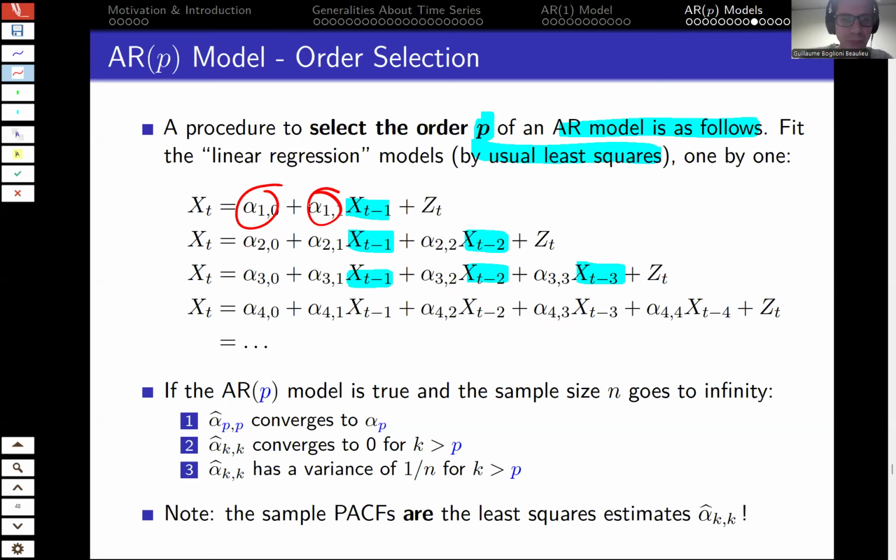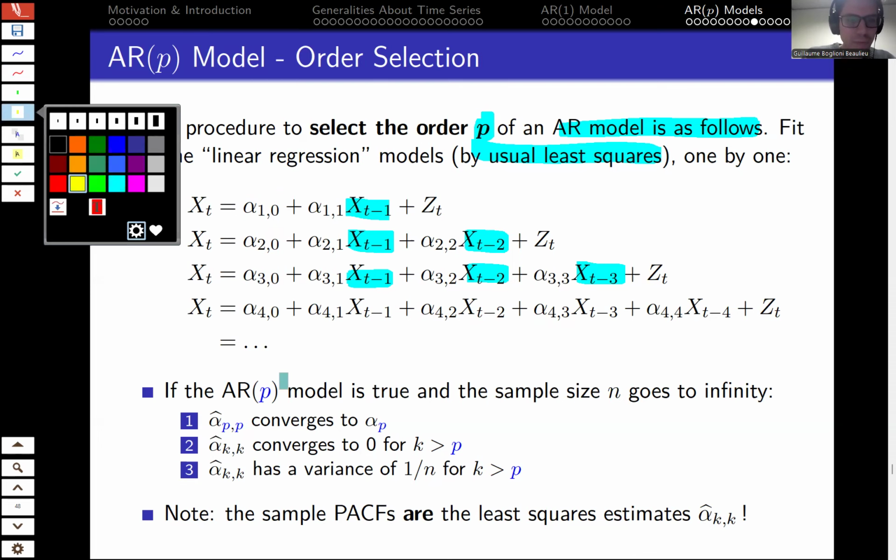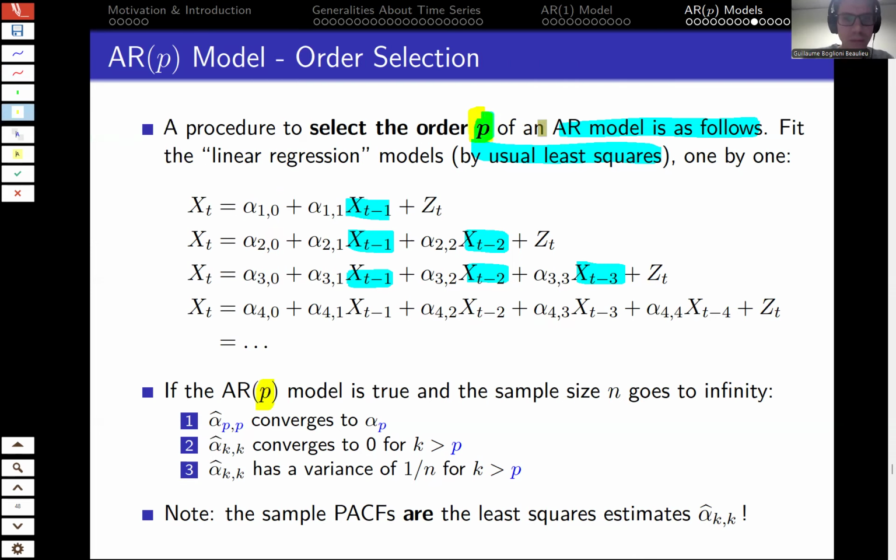Now, there's a theoretical result you can prove, which unfortunately we don't do here, but it's given here. If an AR(p) model is true for your data, if the AR(p) with a specific p is true, and you have a large sample size, so n goes to infinity, then the least squares estimate of alpha_pp will converge to the real parameter alpha_p.